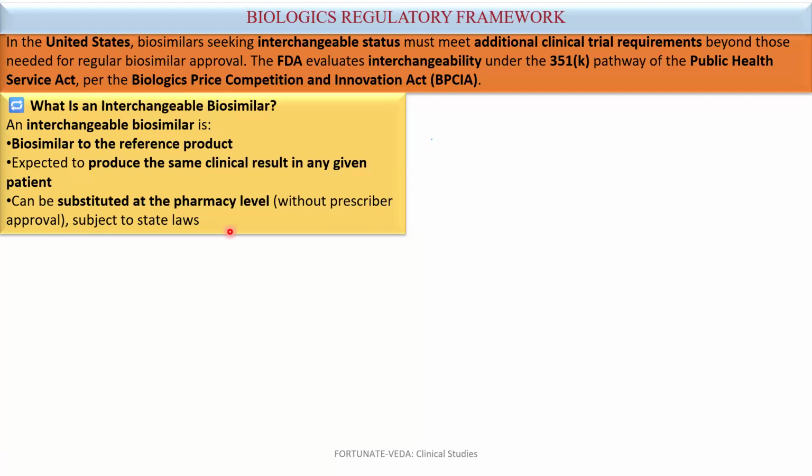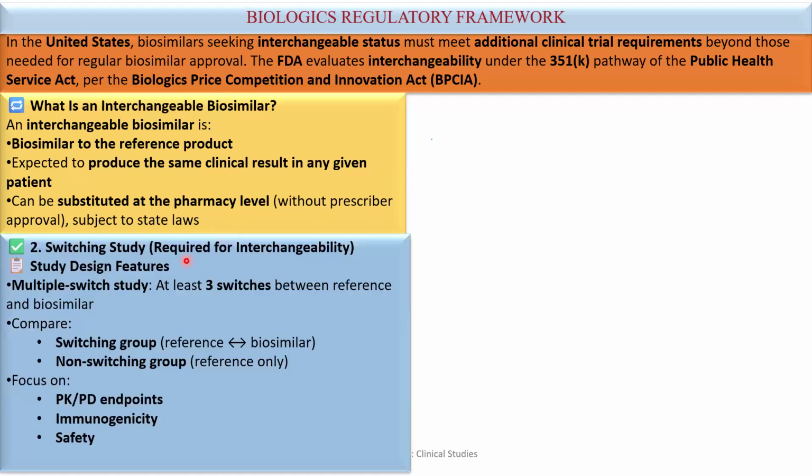or the patient can choose either the interchangeable biosimilar or the reference product for usage. And the switching studies we conduct in the clinical: the study design features multiple switches, at least 3 switches between reference and biosimilar. Compare the switching group, reference to biosimilar, and the non-switching group, reference only. This is how we will develop the data in the clinical. Quality-wise, no changes.